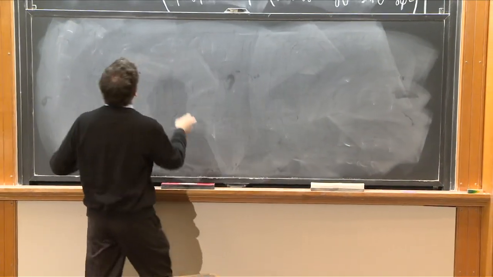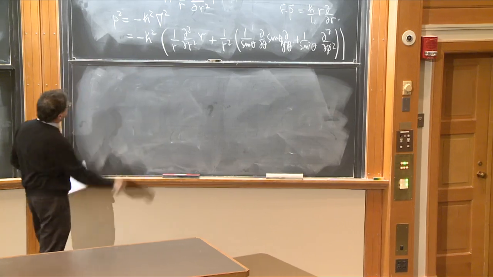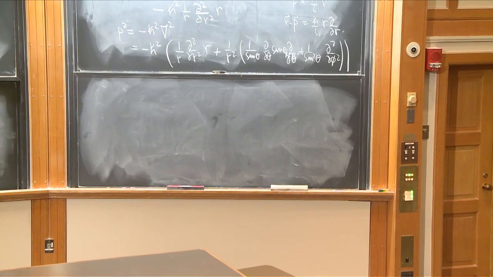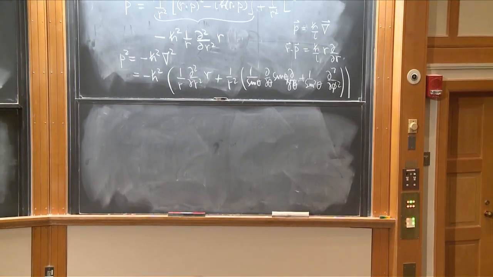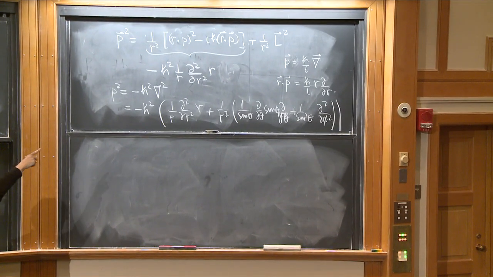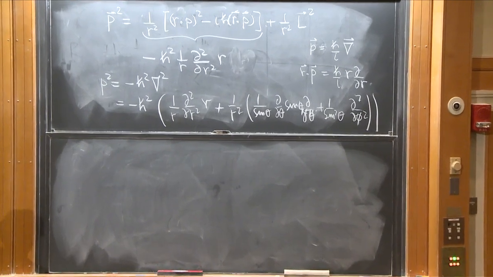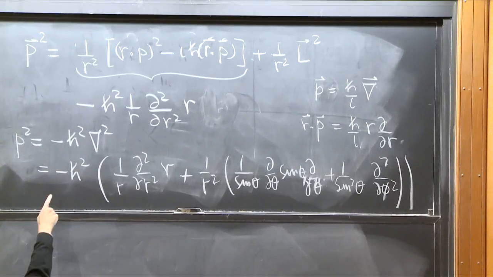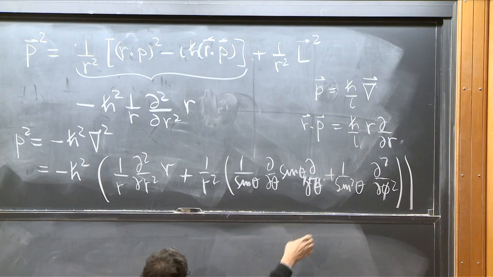So a few things are there to learn. And the first thing is, if you compare these two expressions, you have a formula for L squared. You have L squared in 1 over R squared on the upper right. And here you have minus h squared times this thing.